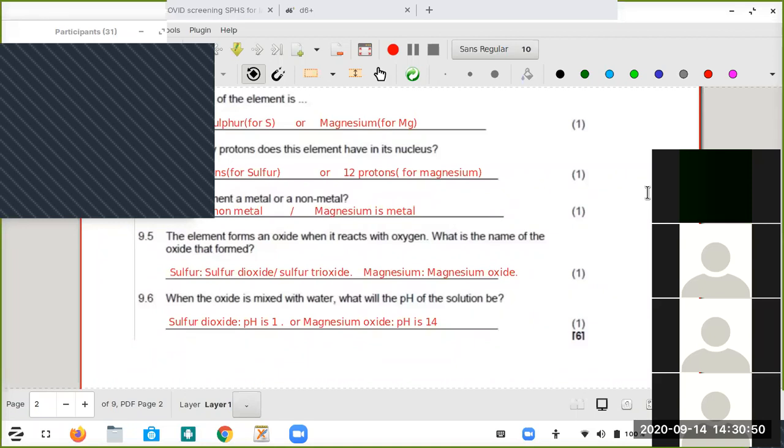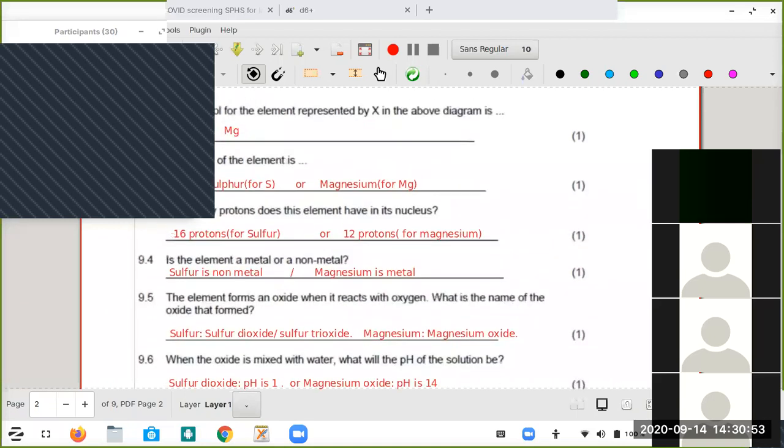9.4 is asking us whether the element that you have written on 9.1 is metal or non-metal. Remember, a periodic table is made up of elements. So all these elements that are there on the periodic table, they are either metals, non-metals, or semi-metal. Some periodic tables are shaded, but the one that you will be given in an exam won't show you all those different elements.